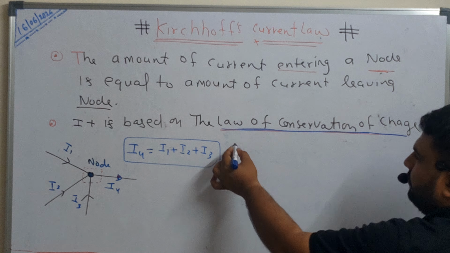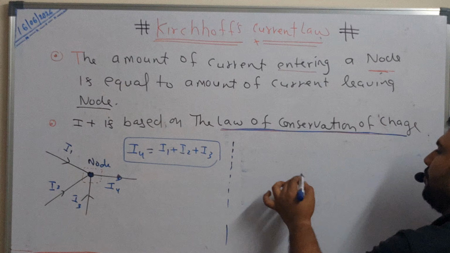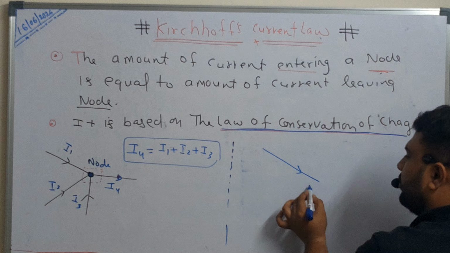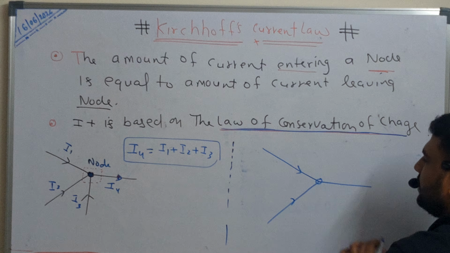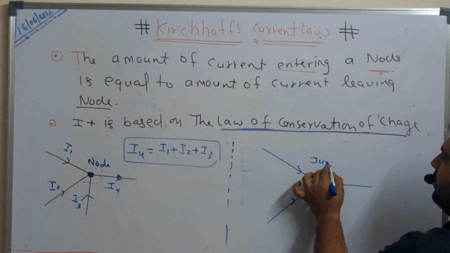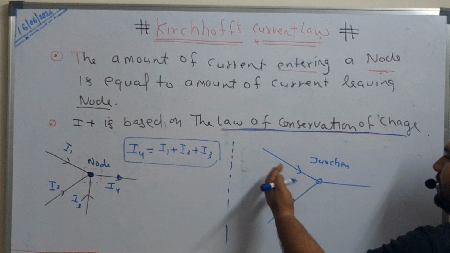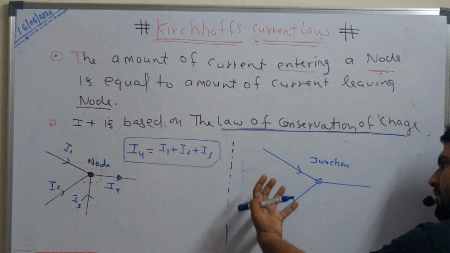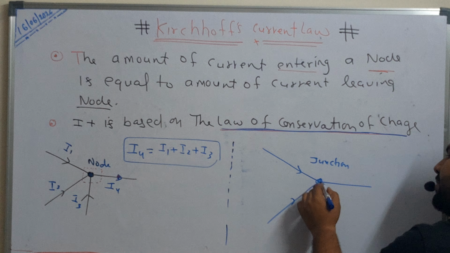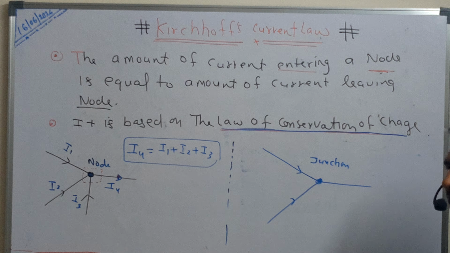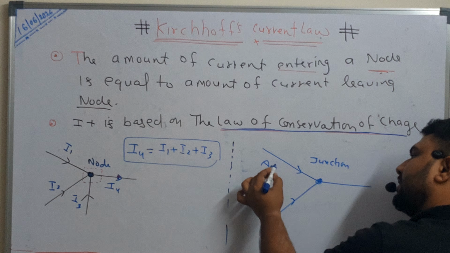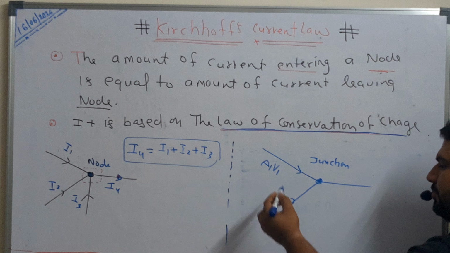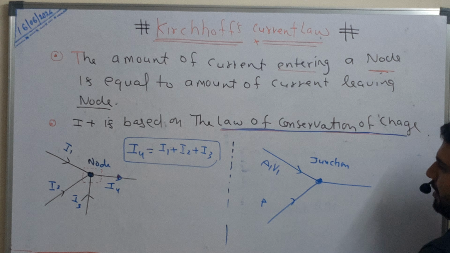And also we can say, for example, when two or more than three pipes meet at this point, that point is known as what? Junction point, where more than three pipes meet at a point. For example, consider the flow rate of water: A1 V1 coming with velocity V1, area of the pipe A1.